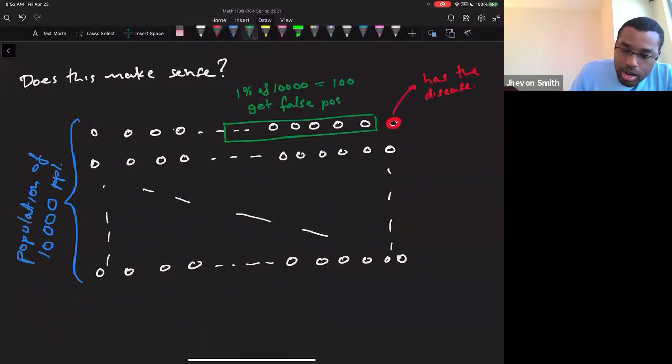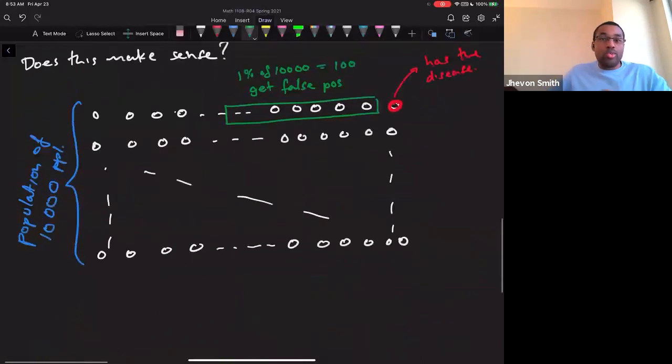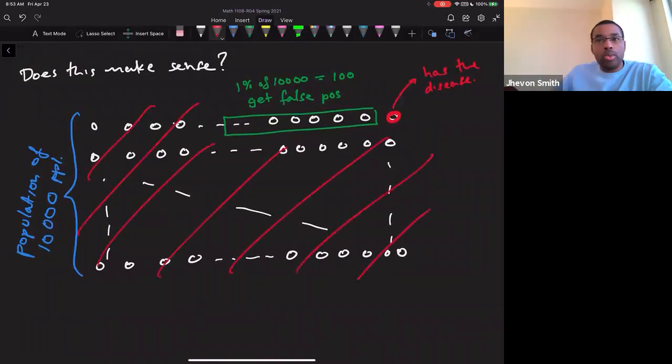So there are 100 people in a group of 10,000 people that the test will say they're positive when they're actually not. Now, when you say, given that you test positive, you need to realize that all of these guys are now removed from the sample space because we have a condition. We know you tested positive.